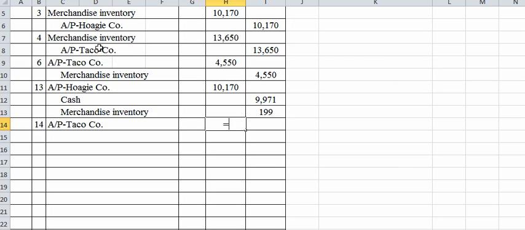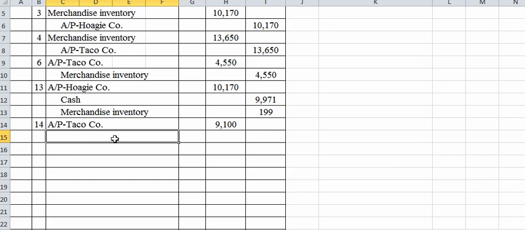It's equal to what originally went into accounts payable for Taco Company minus the return, $9,100. Okay, that takes the accounts payable off the books, you guys. The liability decreases on the debit side. Went on as a credit, has to come off as a debit.